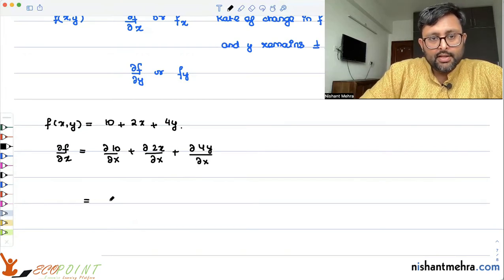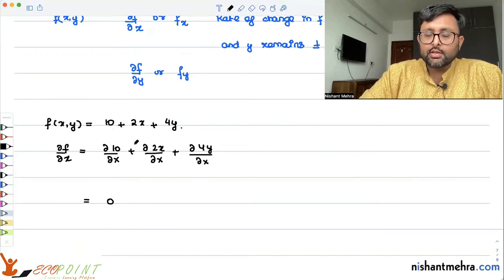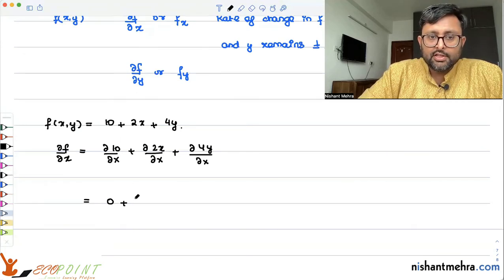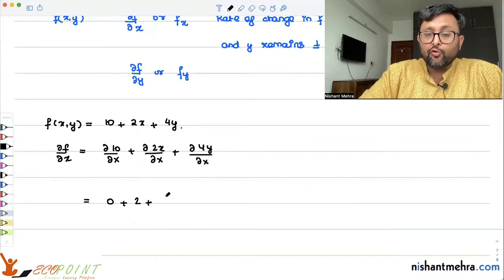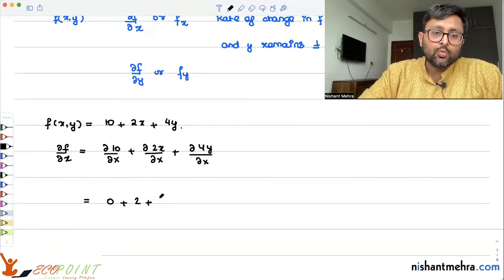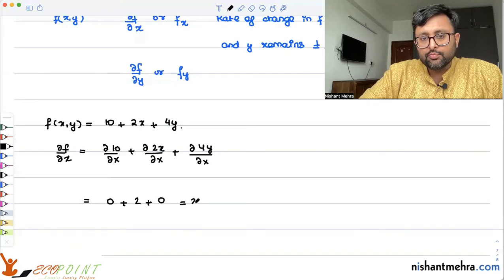The 10 is just a constant. 2x's derivative with respect to x is 2. And 4y's derivative with respect to x is 0 because y is a constant. So this comes out to be 2.